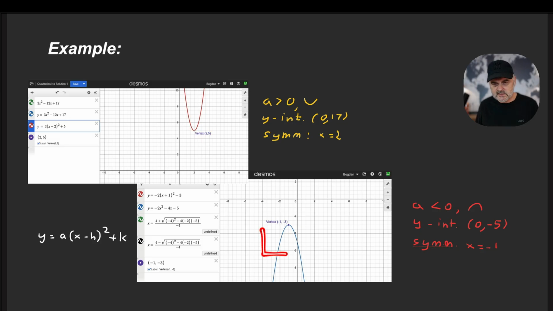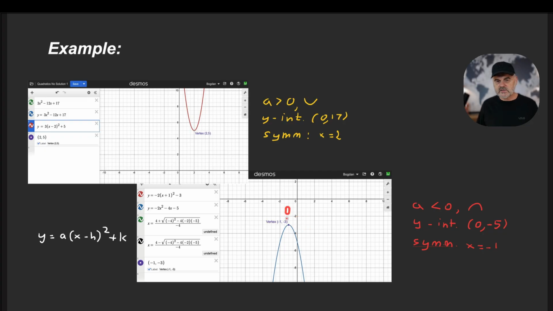Conversely, this example shows a parabola that opens down, and the vertex has both x and y coordinates negative. Even though they're both negative, we can identify this vertex as a maximum value of the function because this is the highest point on the graph. No x-intercept.